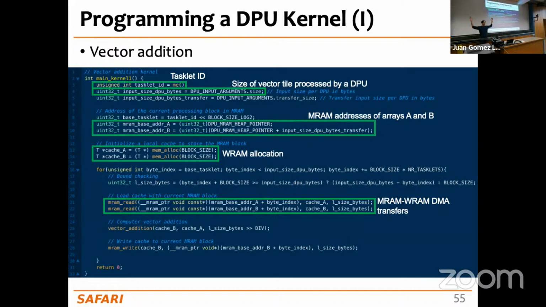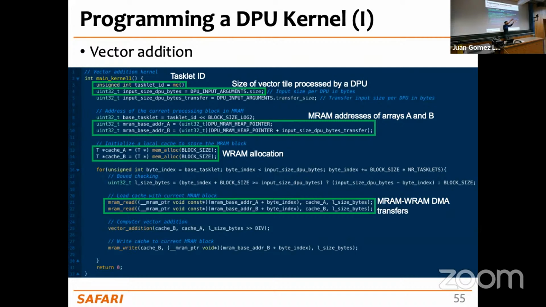So this is the whole buffer A that has been assigned to DPU 0, for example. I have multiple tasklets, multiple threads that are going to operate on this data, right? And I have to partition it and distribute it over the tasklets. So what I do is I define a block or a chunk of a size, block size.